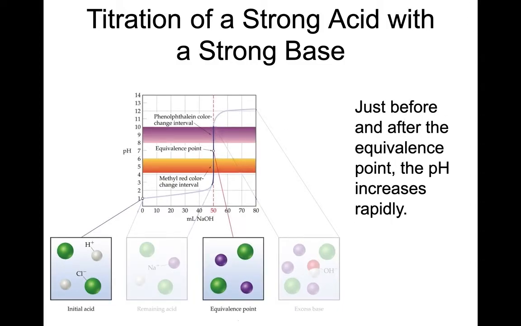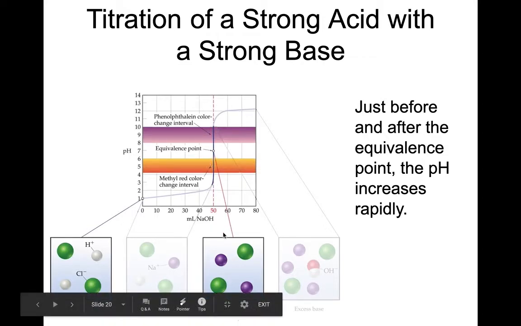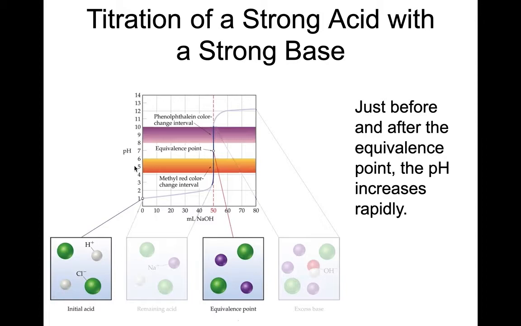Now, just before and after the equivalence point, the pH increases rather rapidly. We had a slow rise here, a small slope, and then as we're adding milliliters of sodium hydroxide, just before we reach the equivalence point, we see this big, quick spike in pH, a rapid increase. We went from our initial acid slowly reacting, with some remaining, to approaching the equivalence point, where the amount of hydrogen ions equals the amount of hydroxide.